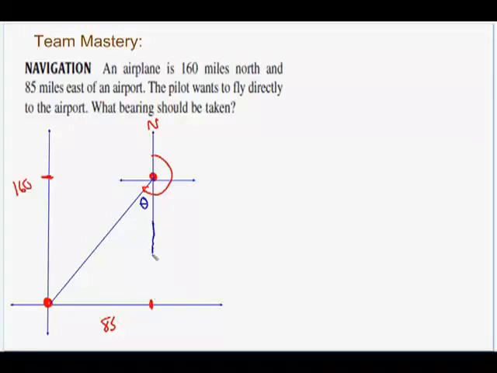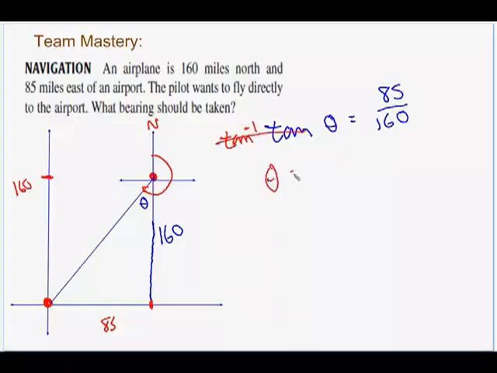Well, let's see what we know about this triangle. We know this side is 85, and the height here, just like on this side, is 160. So we want to find this angle. Just like the last problem, we have the opposite side from our angle, and we have the adjacent side. So again, we're going to use tangent. The tangent of angle theta is equal to the opposite side over the adjacent. So we're going to tan inverse. And our angle theta will be the tan inverse of our fraction, 85 over 160.